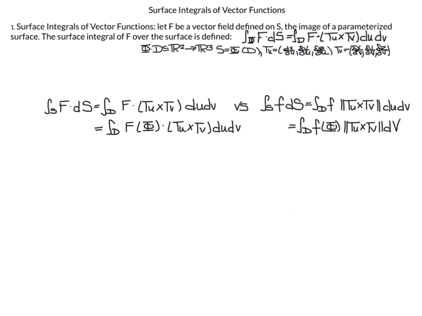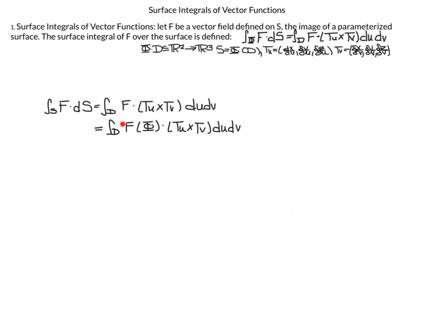Very similar here. Your vector field is going to be composed with your mapping, and then you're going to dot it with your normal vector, which is your two tangent vectors crossed. Obviously, when you have a scalar, you can't dot a scalar with a vector, but now that we have a vector field, we can. And so we'll be using the dot product.